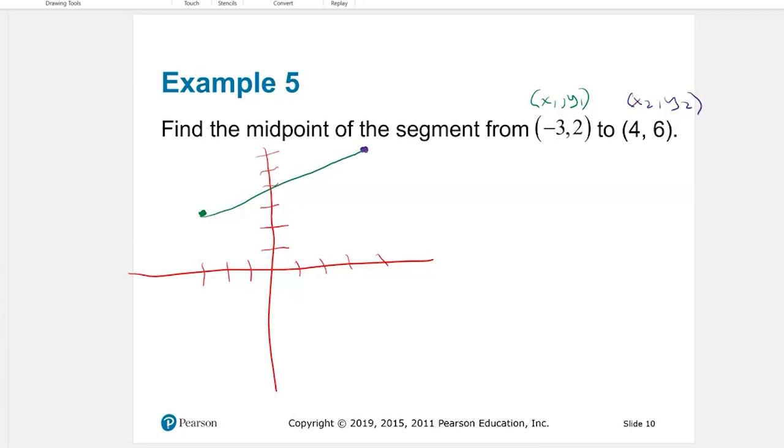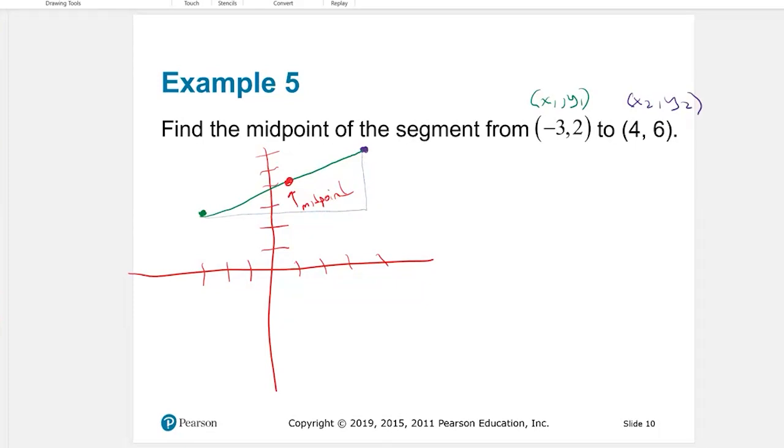So now here's my line. And somewhere in the middle here, let's say that's the midpoint, right? And I want to find it. Well, again, I can make my triangle. And of course, you don't have to do all this work. I'm just showing you so that it makes sense, you understand it, and it won't be hard for you to memorize that formula.